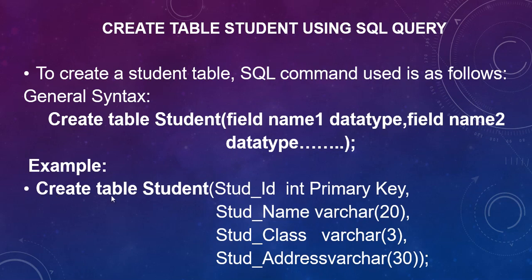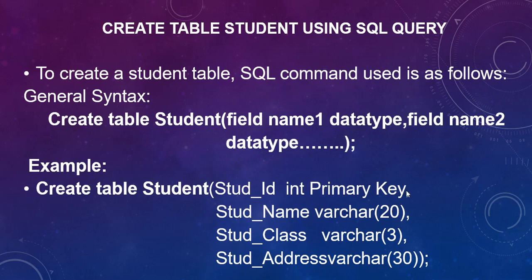Create table student, then put the open bracket, then student id. Here student id is field name 1, then int, which means integer type, numeric type, then primary key. I am setting the primary key for student id. What will happen? Duplication of values will not be allowed since I have set the field as a primary key.